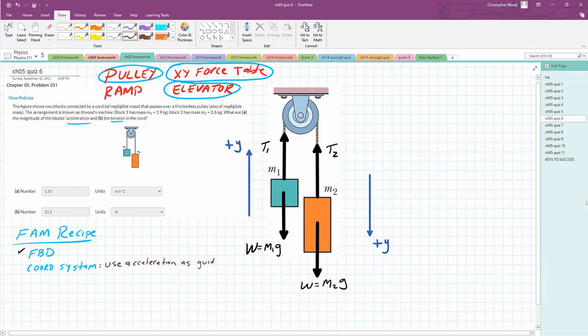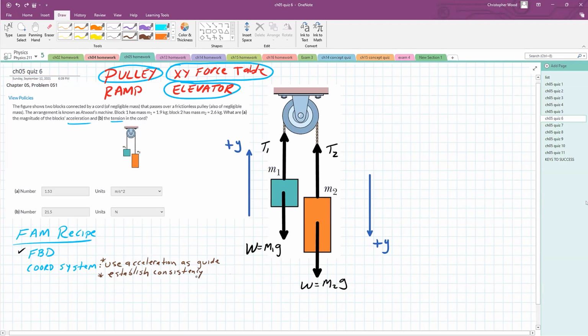And then another big requirement is to establish consistency across all objects.